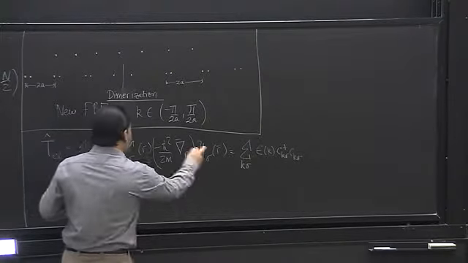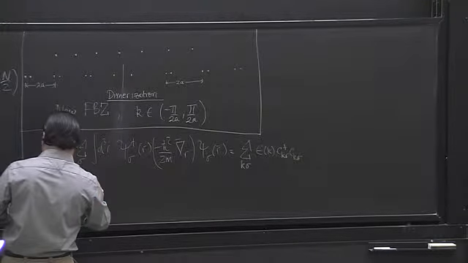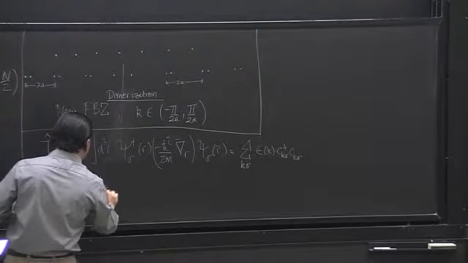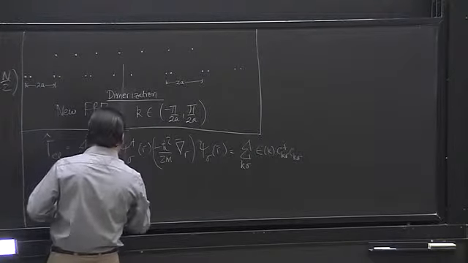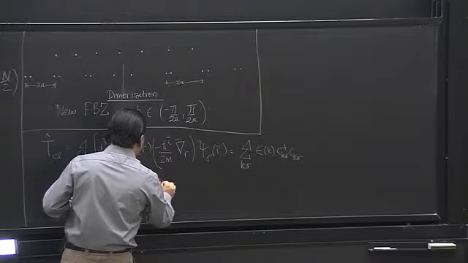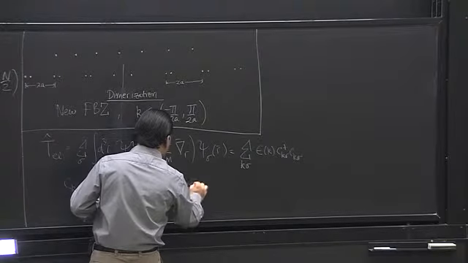We can define these, let me just write down once in this lecture. These c k sigma are defined by 1 over square root of volume, integral d cube r e to the power i k dot r, psi sigma r.